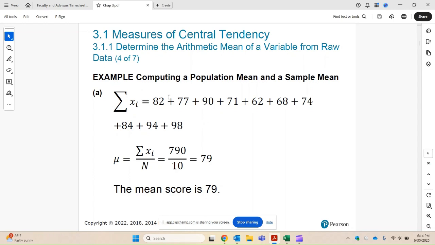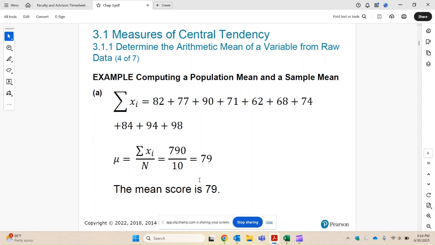In a calculator, I will add those together and click equals before I do the division. I need that entire sum, which is shown here as 790. I will then take that sum and divide by how many data values I had, which was 10. So 790 divided by 10 is 79. That makes the mean score 79.